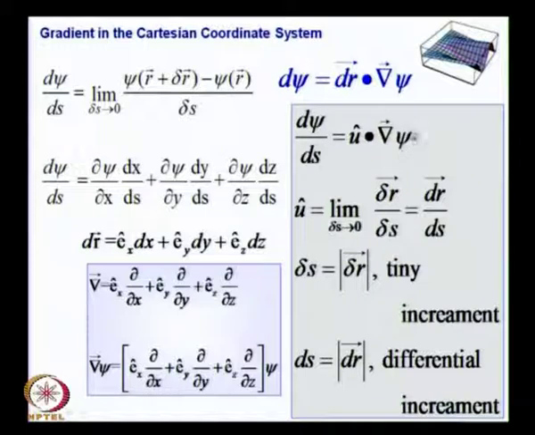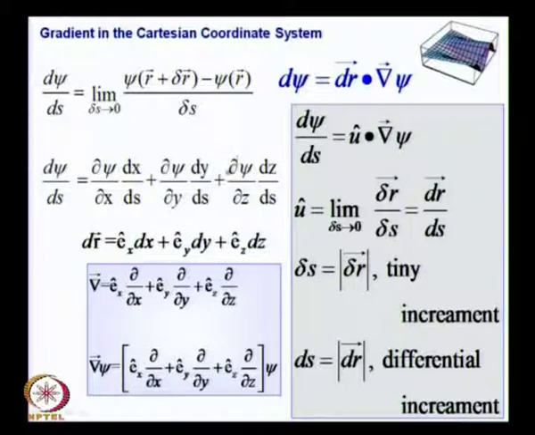And any vector can be defined in terms of its components. So, if you get these components along 3 mutually orthogonal directions, you get the complete vector itself. In other words, you can get the directional derivative d psi by ds either by doing calculus, del psi by del x times dx by ds plus del psi by del y times dy by ds plus del psi by del z times dz by ds, or by doing vector algebra by composing this scalar product of 2 vectors.